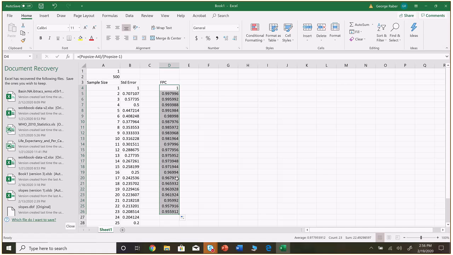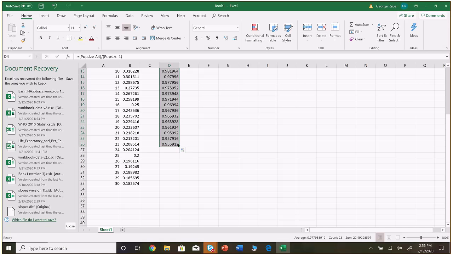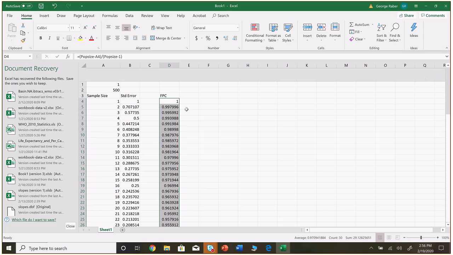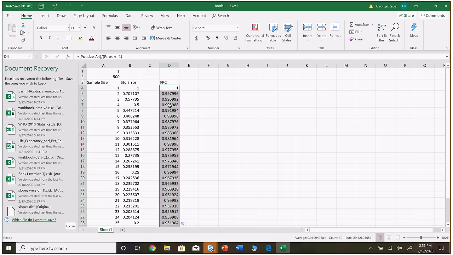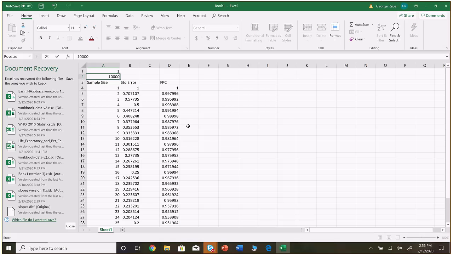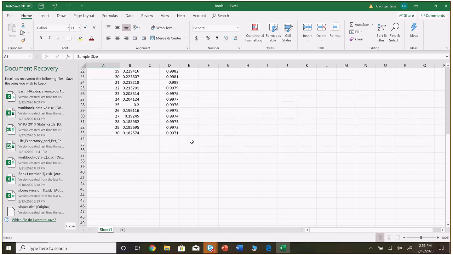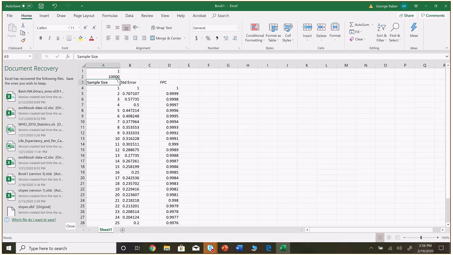And notice that this also decreases as you go down, but not by as much. Now, what if this was 10,000? That stays pretty close to 1.